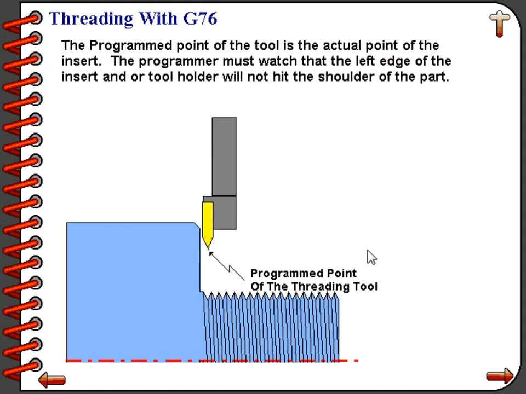Again, what we're talking about is that programmed point, and that is the point of the insert that we are going to be positioning when we are positioning that tool. You, as the setup person or the programmer, have to watch for that width of the insert to make sure that the left edge of it does not bump into a face on the workpiece.